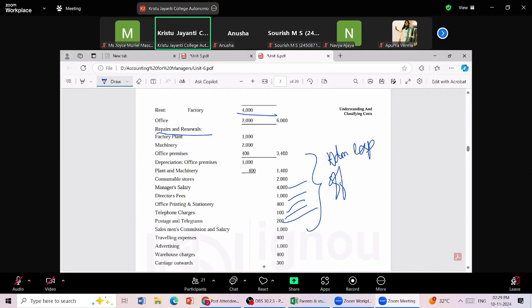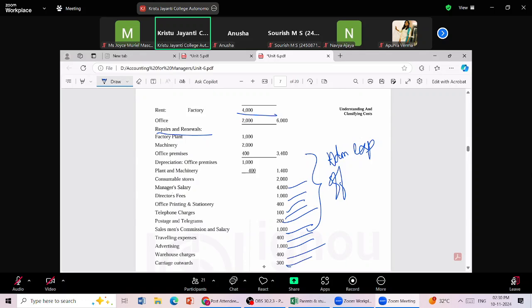Now in that, what all do you have to add? You need to add all your selling expenses. So what are the selling expenses? Salesman commission, that is connected to selling expenses. Then traveling expense, because the salesman needs to keep traveling for selling his product to different places. Advertisement, it is connected to sales. Yes, warehousing is connected to sale.